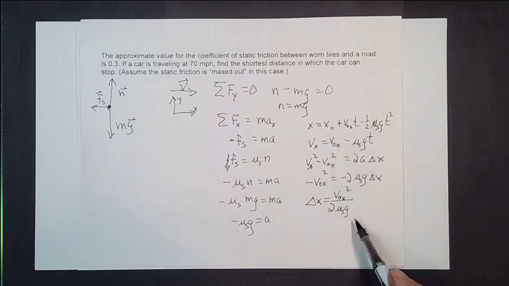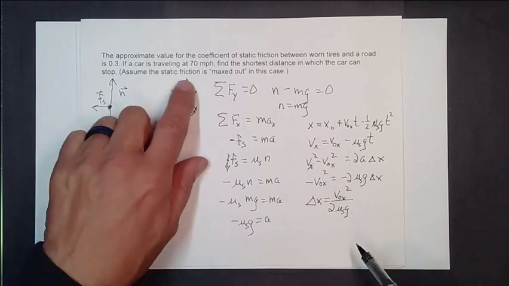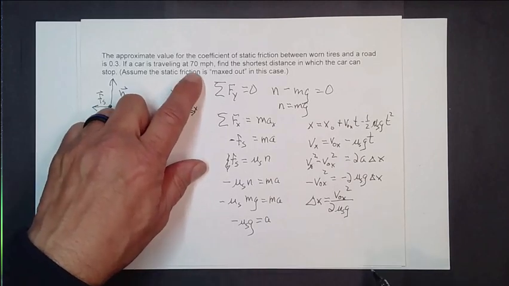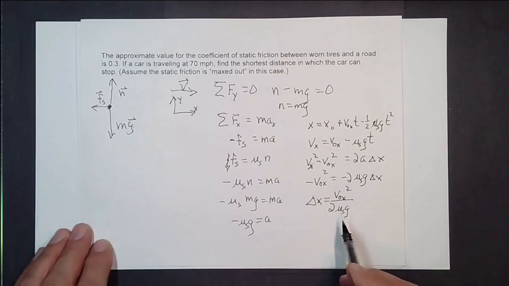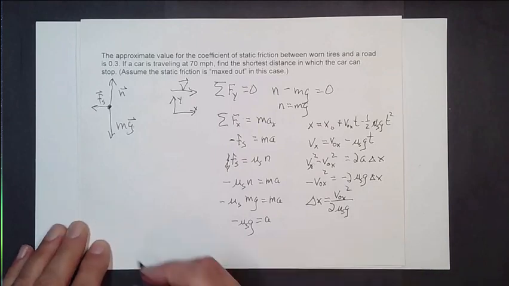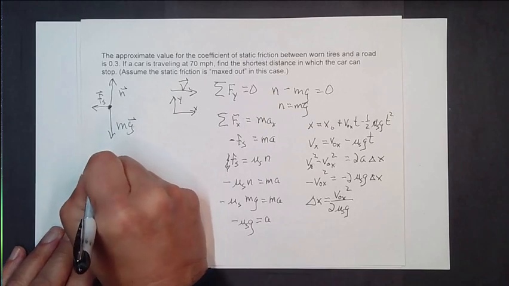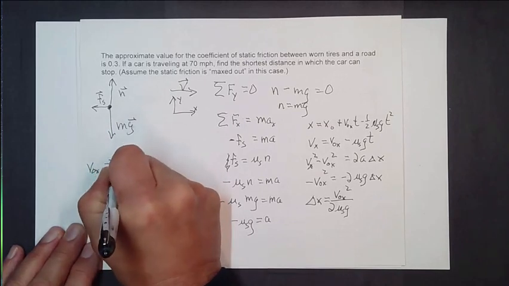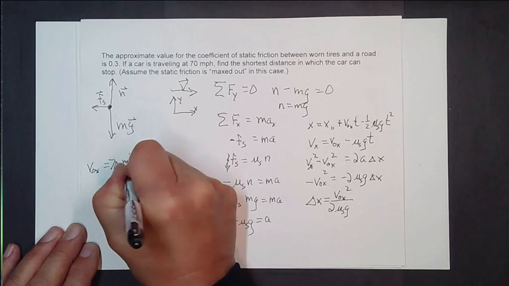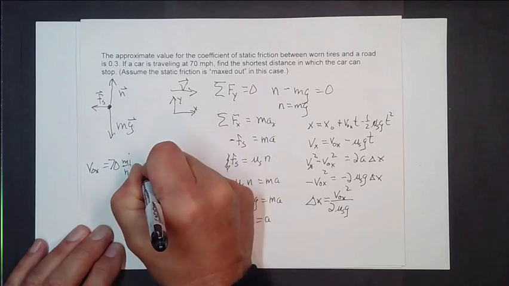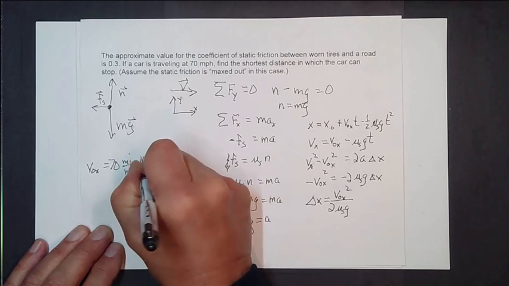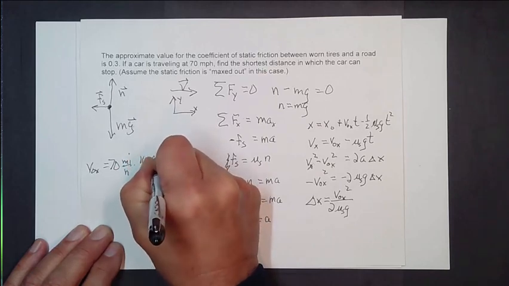All right, well, the problem is they gave me the speed in miles per hour, which is okay. It's an example of a freeway speed in the United States. So I'm going to solve for that. V naught x is equal to 70 miles per hour times, let's see, I want to get meters per second, so 1,609 meters per mile.